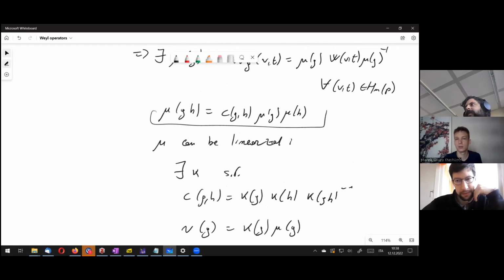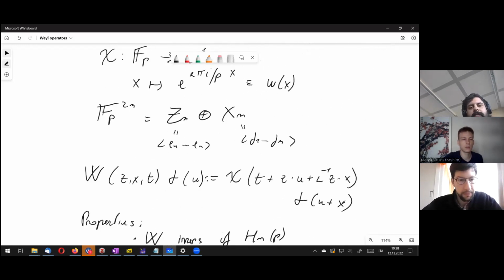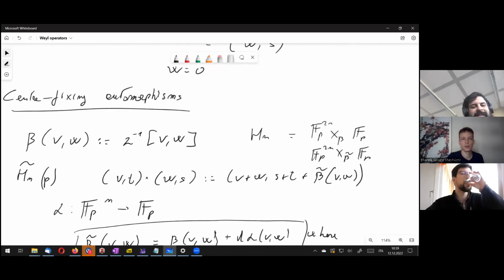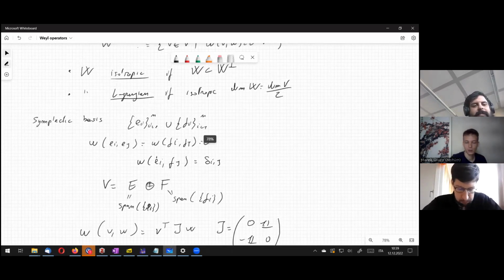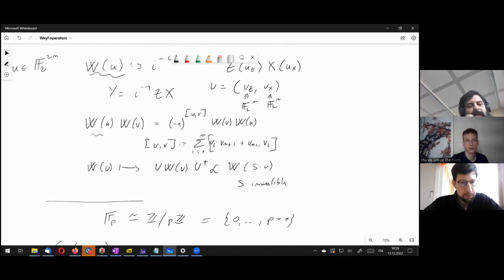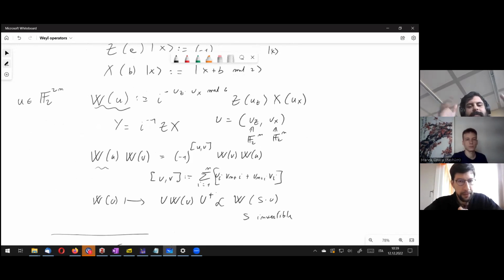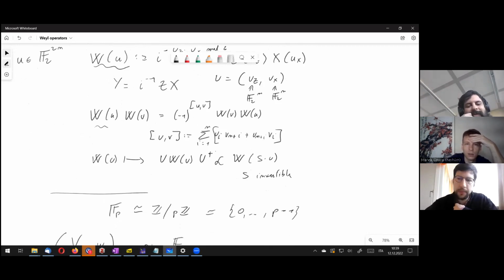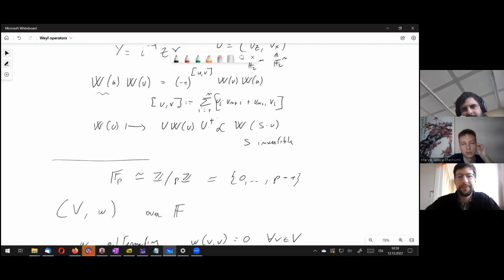Well, maybe I can just summarize everything, because it was quite a lot. If we forget about motivations, at the beginning I motivated why at some point we can plug in the symplectic formalism to describe qubits. Unfortunately I cannot tell you that now because I discarded the case of characteristic 2.